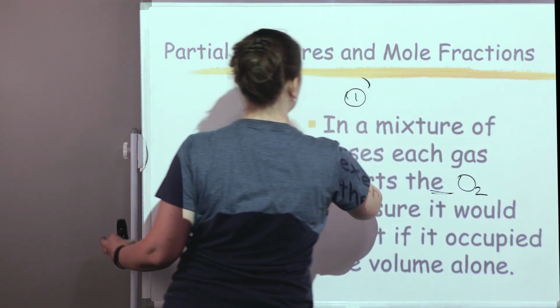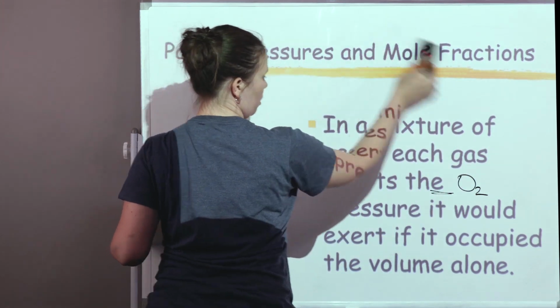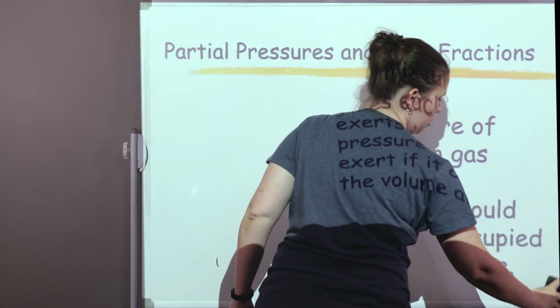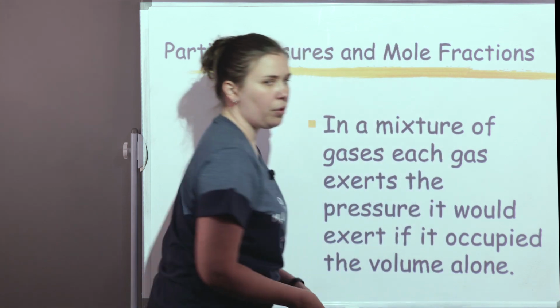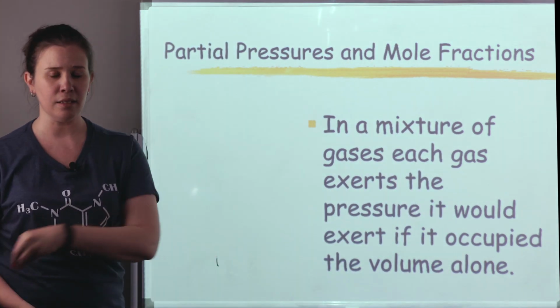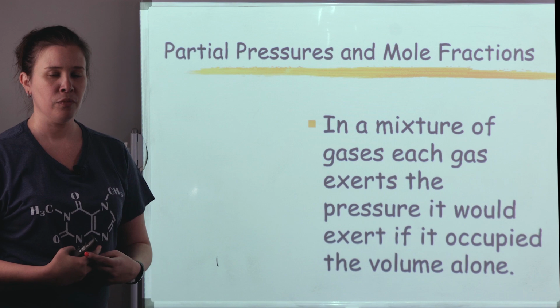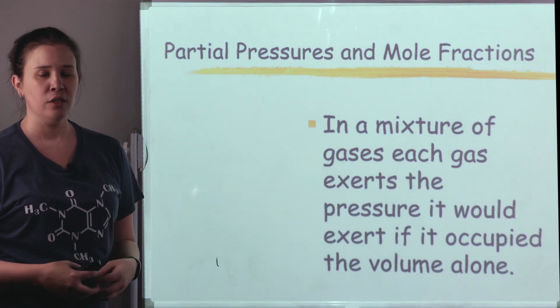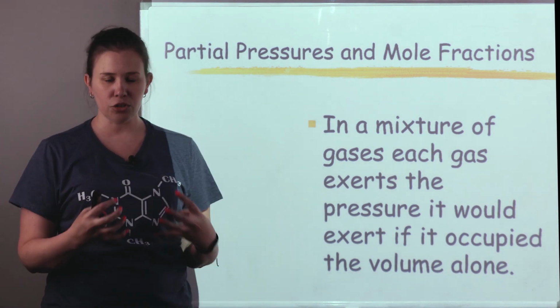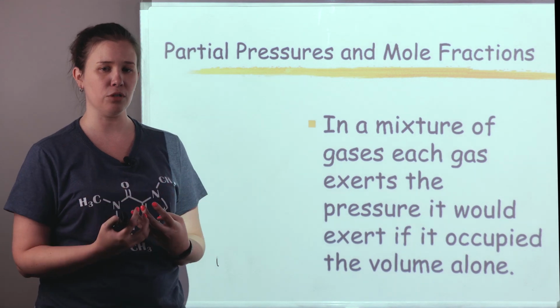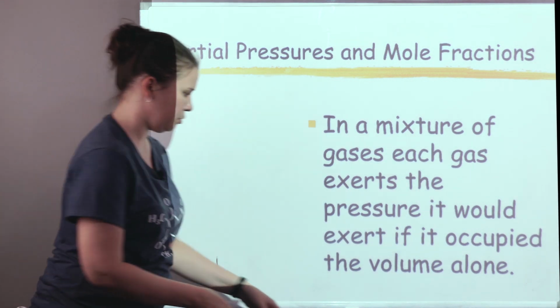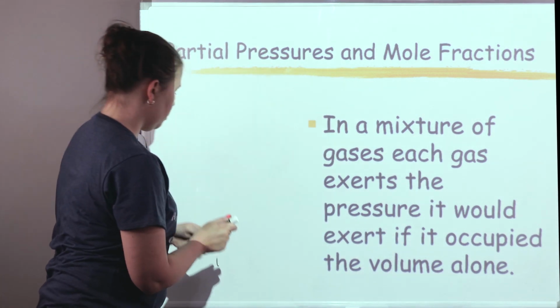So we're going to start getting into something called Dalton's law. Dalton's law is all about partial pressures, or pressures of multiple pieces that are all in the same chamber, a mixture of gases. So the idea here is that in a mixture of gases, the total pressure is equal to the sum of the partial pressures. This is actually a very simple concept.